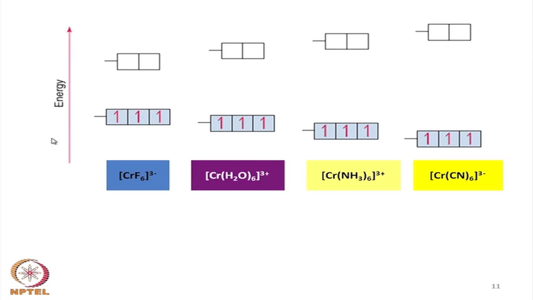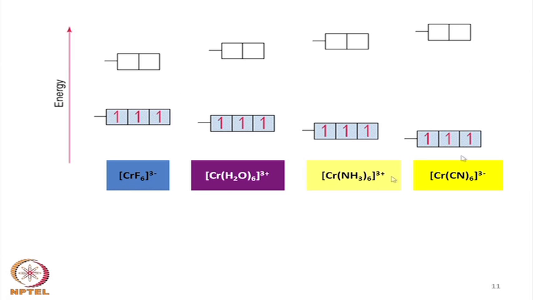So, now if we simply look at the corresponding splitting pattern, take the example of the chromium compounds. These have already been arranged in terms of the spectrochemical series.